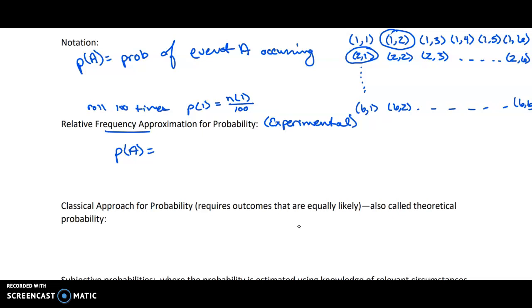So your relative frequency approach is going to use what happened in your experiment. It's your experimental approach. So it's the number of times that the event happened out of the number of times the procedure was repeated.